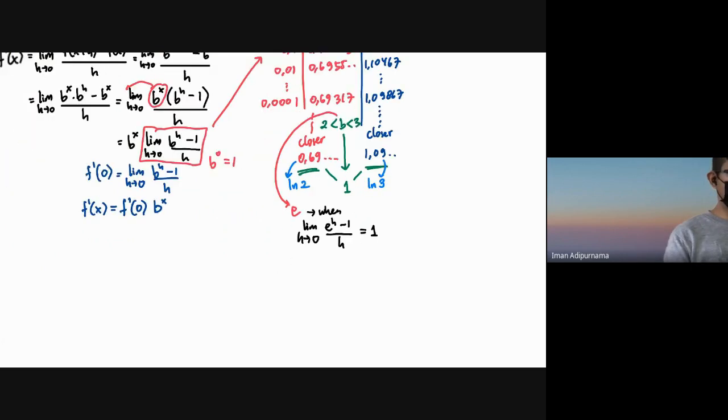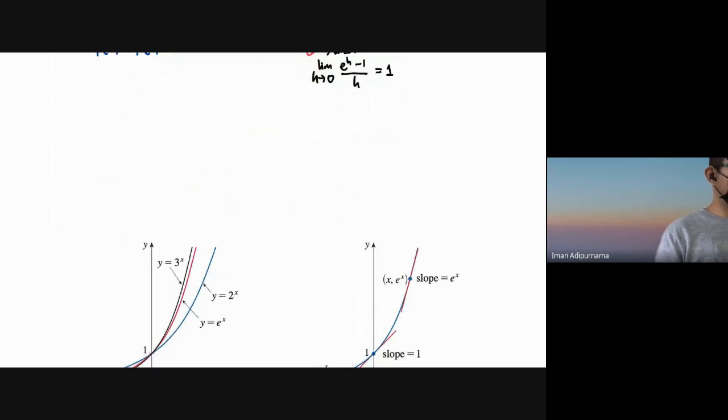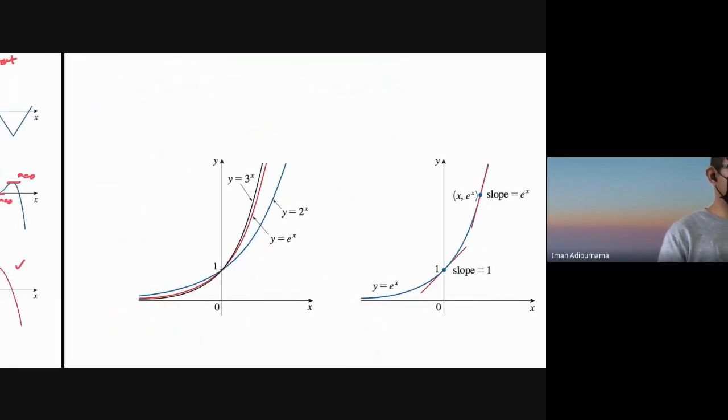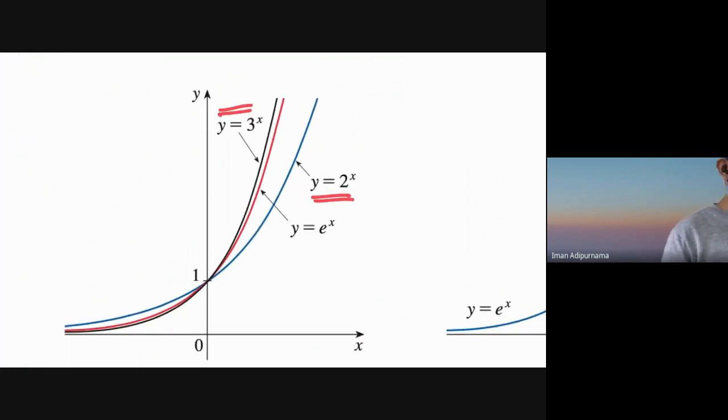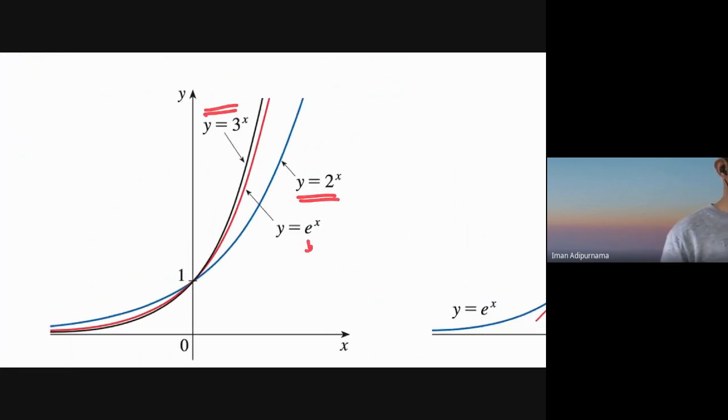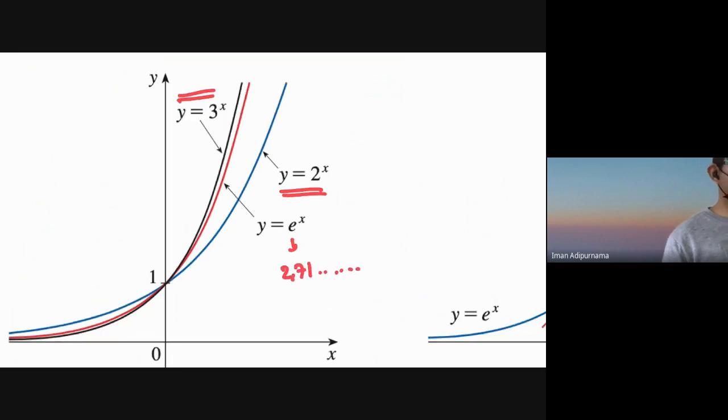Now if you look at the functions, maybe we can imagine we have this 2 to the power of x and 3 to the power of x. We have e in between those two. So e is around 2.71 something, and it's a really long number.